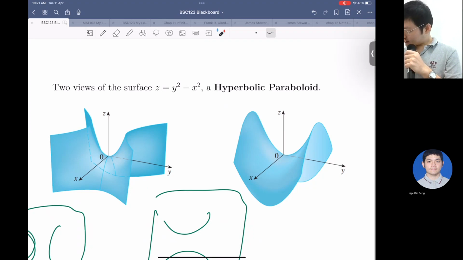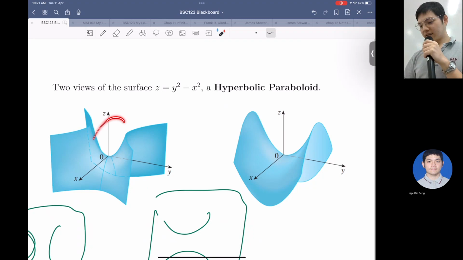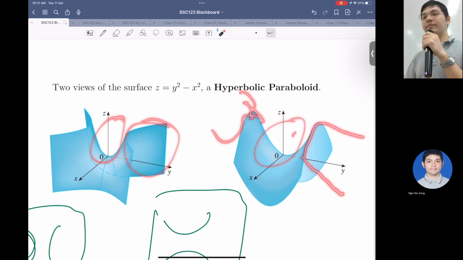This is like the saddle on a horse. When you sit on the horse, there's this seat for you. This is the seat. And if you imagine you can extend this, it is really just this thing here.